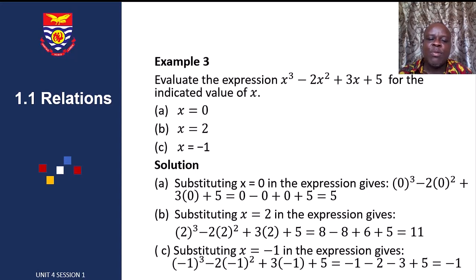Now, -1 cubed will be -1. Then -2 times 1 will give you -2. And then when you simplify, you get a final answer of -1.